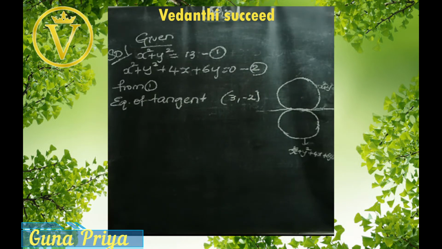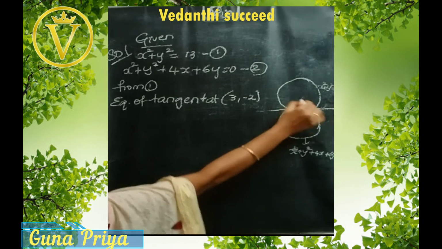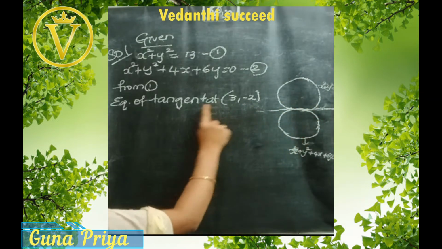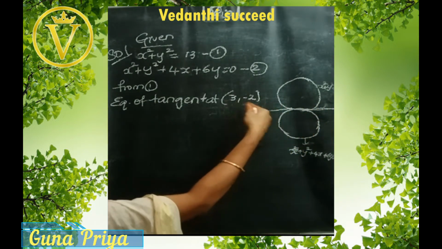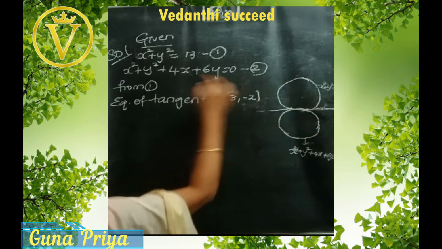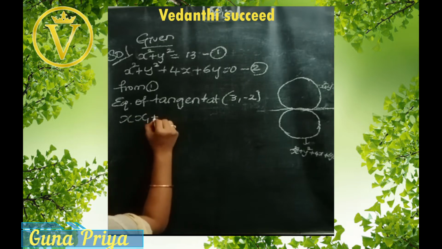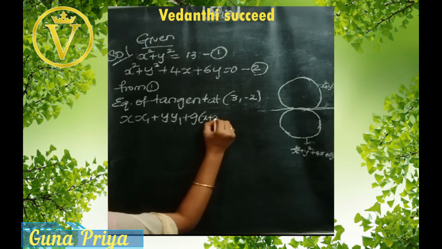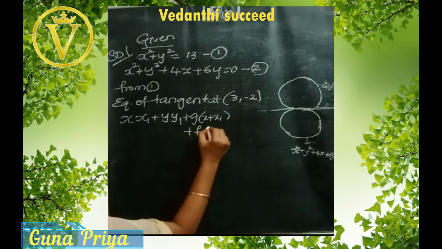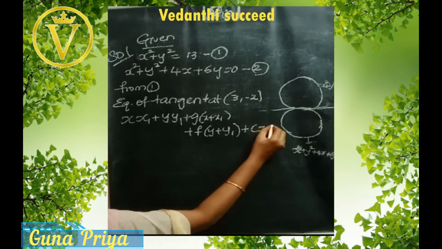So first we have to find the equation of the tangent at (3, -2). From the first equation, there is a formula: x x1 plus y y1 plus g into (x plus x1) plus f into (y plus y1) plus c equals 0.